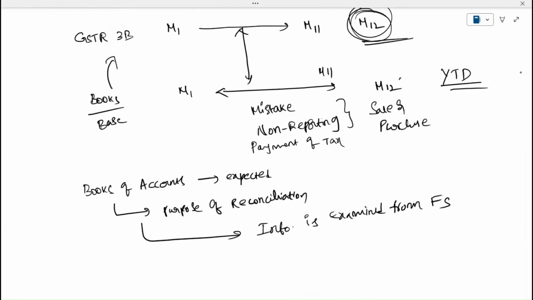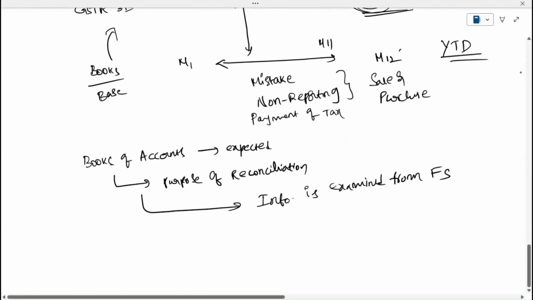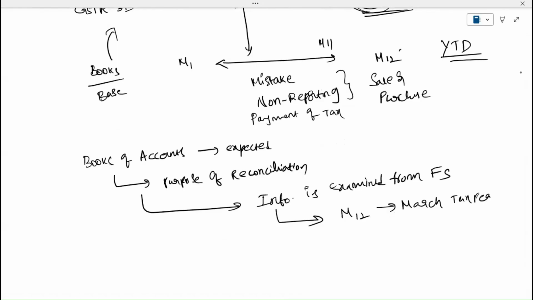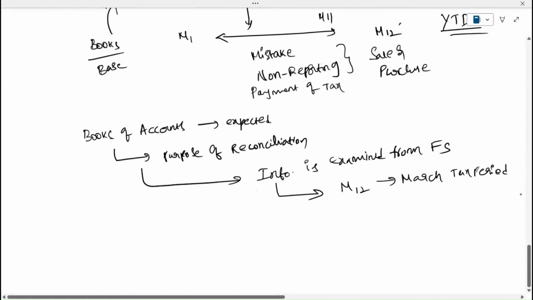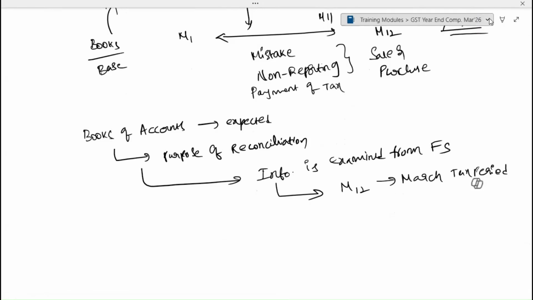Here I have not brought notes to accounts, but that is also data which will be verified by the GST officer. So this data we will try to disclose in case any information is missing in month 12, that is the March return, March tax period. For all sorts of corrections, such as turnover not disclosed, turnover excess reported, purchases underreported, input tax to be reversed but not reversed, all that we will adjust in my March tax period. This is what we need to understand.